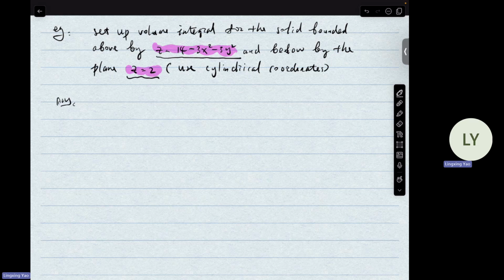But we should have some sense of what this surface looks like, because you can see the standard form of the paraboloid will be z equals x squared plus y squared, right? So in that case, we have the paraboloid opening up. But for this one, we can see there is a maximum possible value for z.